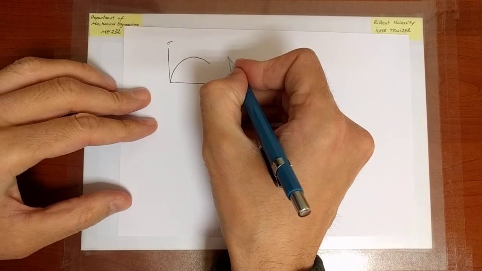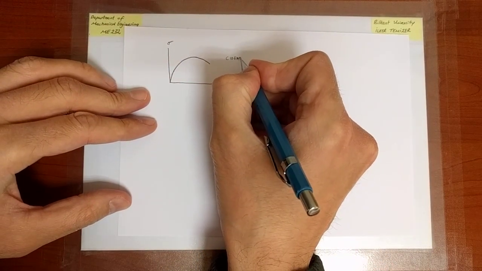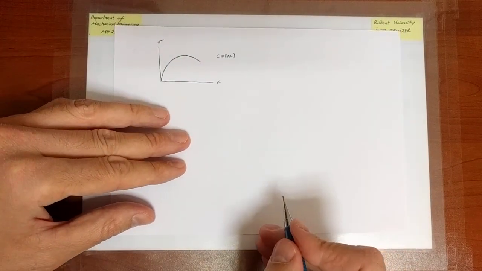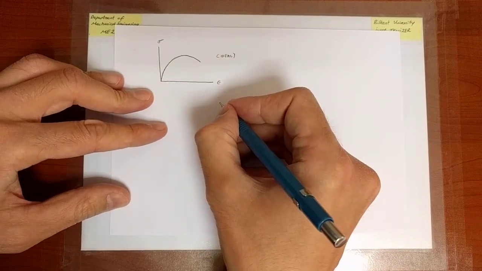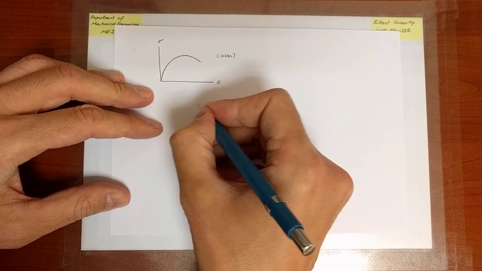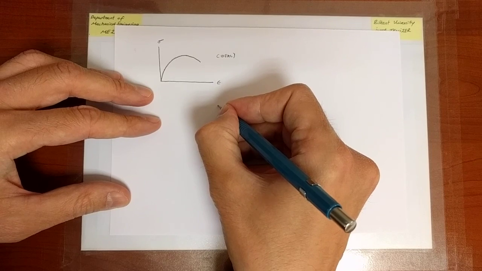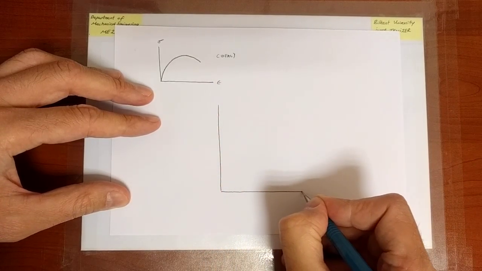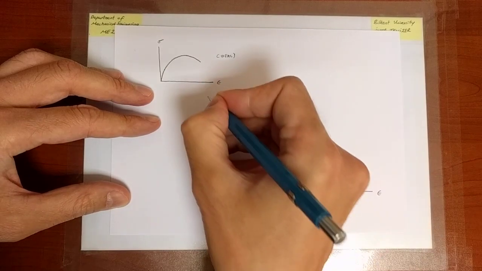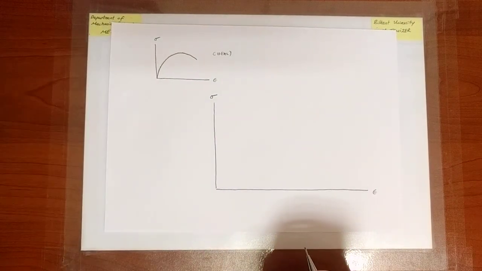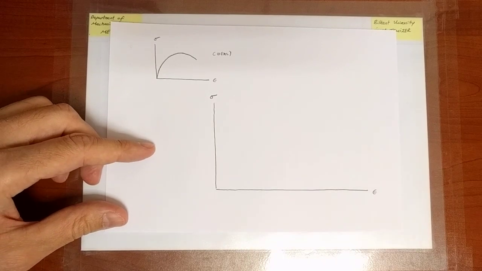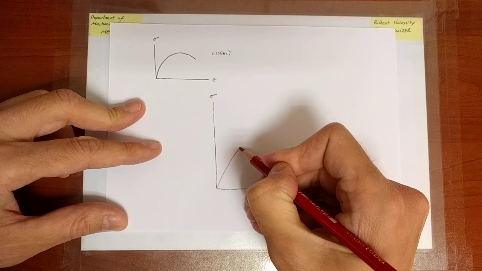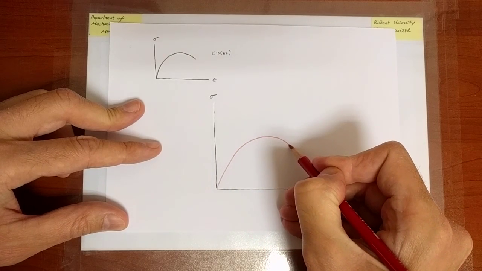Now, let me stick to the ideal curve to some extent, but here I draw a number of stress-strain curves that eventually help us make a point. Okay, so first one is going to be our ideal stress-strain curve.